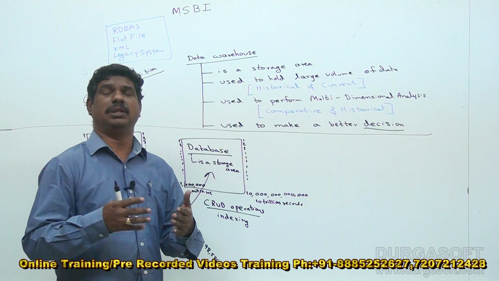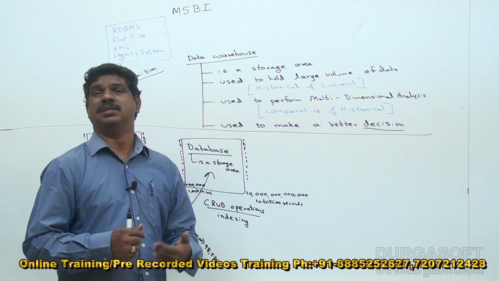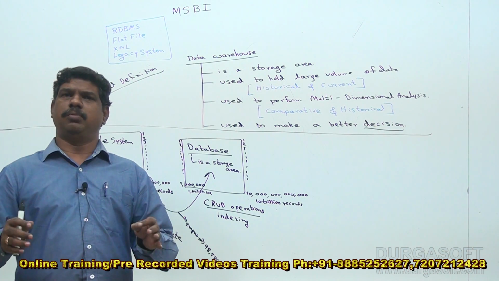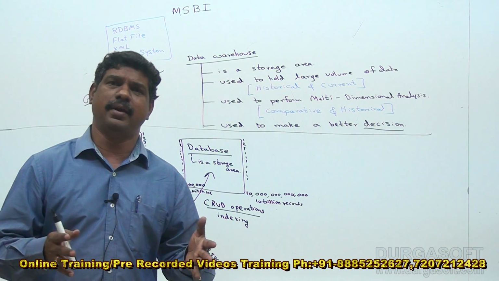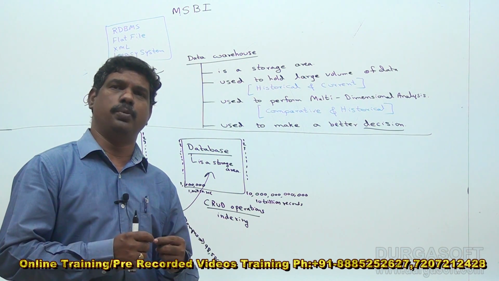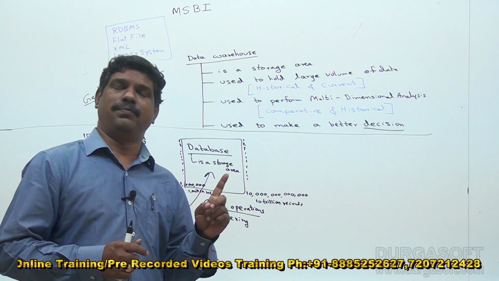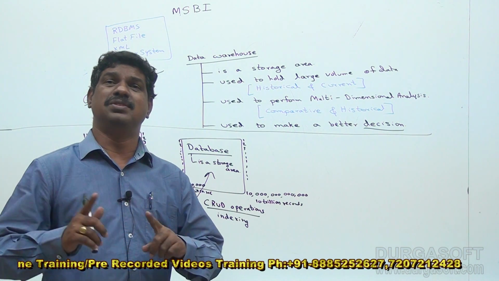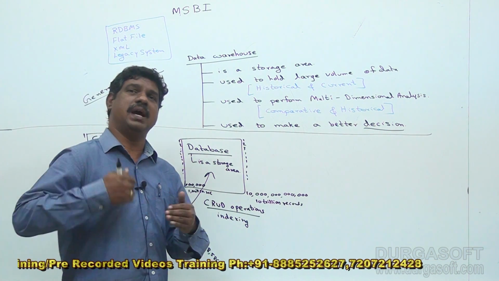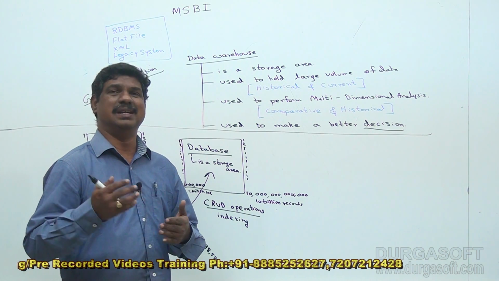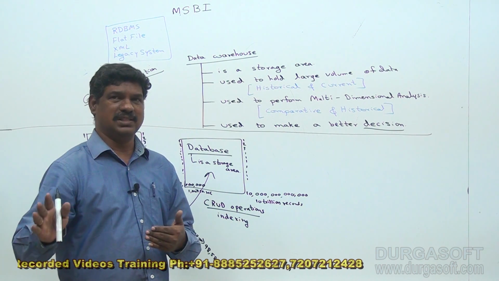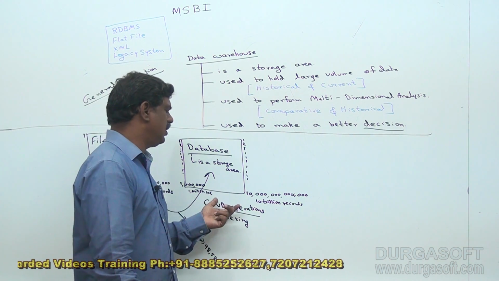Sometimes MS Word will not respond, sometimes the system will hang. At the time of writing it is not a problem, you can store a huge amount of data, but when you try to open the file, sometimes that file will not respond, sometimes even the system will not respond. That means if the data is more than its capacity, then definitely it will affect the application as well as the system. Same thing here also.